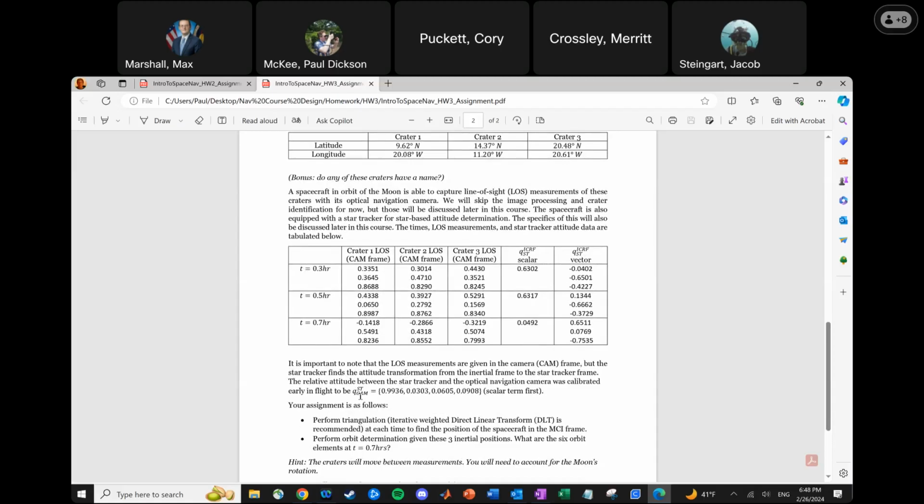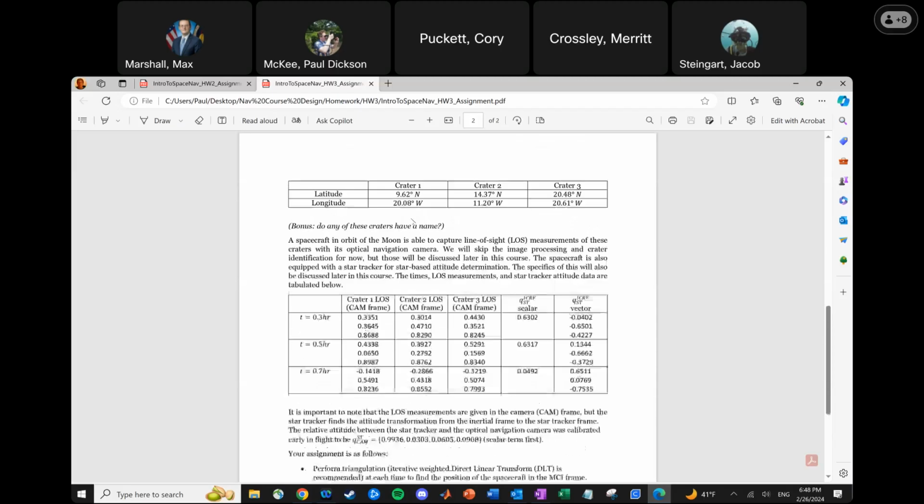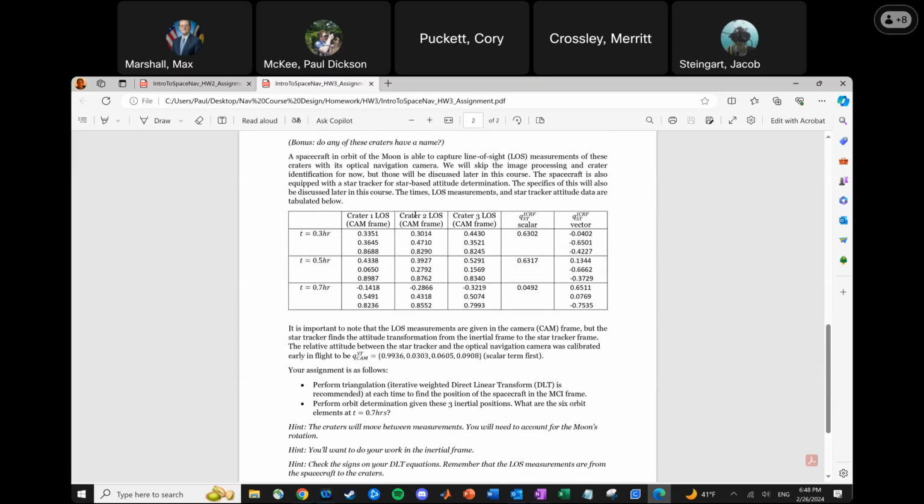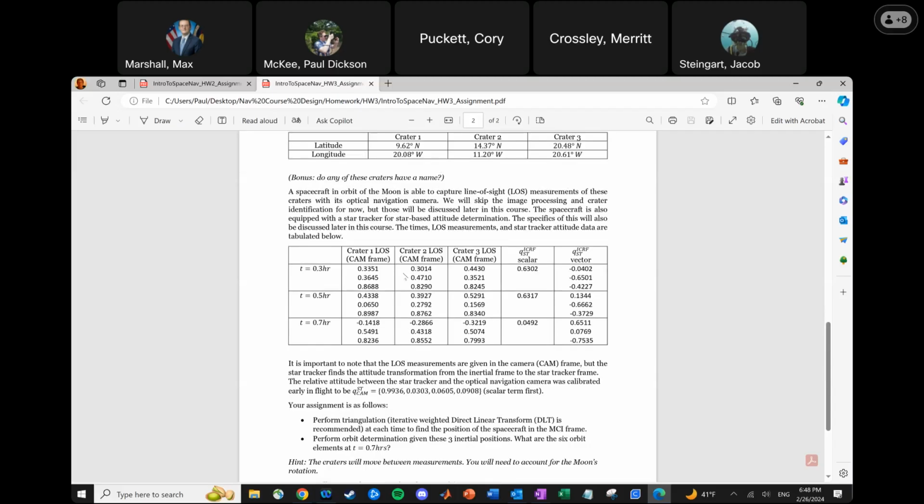I snuck that into this homework assignment. Ultimately we're trying to get these line of sight directions in the inertial frame, right? And then you've got your crater positions, which you could also find in the inertial frame. So you need your crater positions in the moon-centered inertial frame, and measurements in moon-centered inertial.